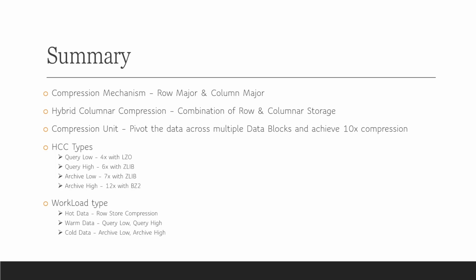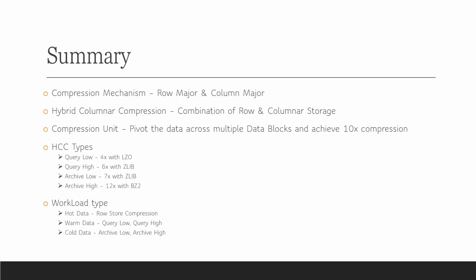To get the best out of these two, we are using hybrid columnar compression, which is a combination of row and columnar storage. The same row storage is maintained, and along with that, a compression unit is introduced on top of it, which pivots the duplicate data across multiple blocks so that we are able to achieve up to 10x compression.